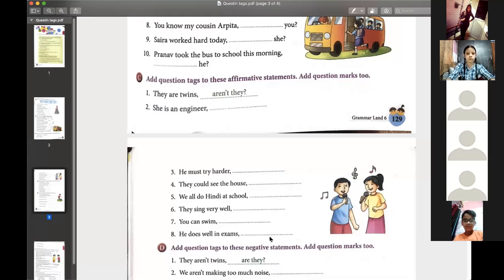No, Arshita, please read it again. Yes, Soumya, you can speak the answer. Isn't she? Isn't she? Very good. Pratiksha, bache, the auxiliary verb is positive in the sentence. So question tag will be negative.